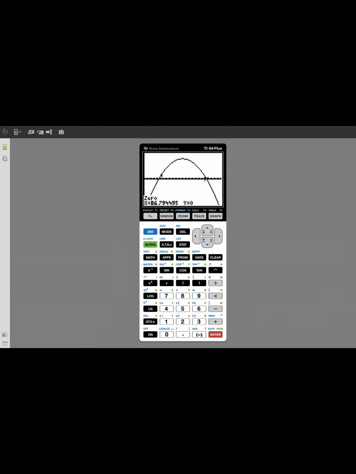Here's one more question for you to think about. Does the park make more profit by selling as many tickets as possible? The x-axis here represents the number of tickets sold.